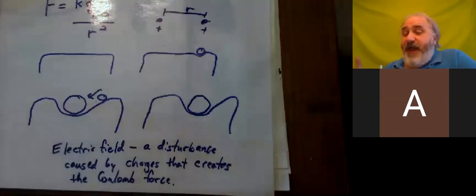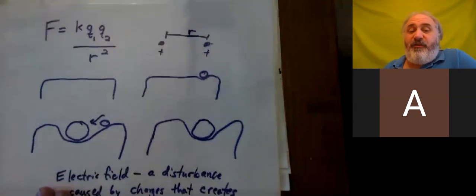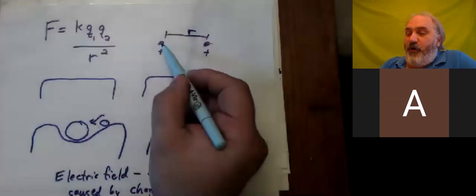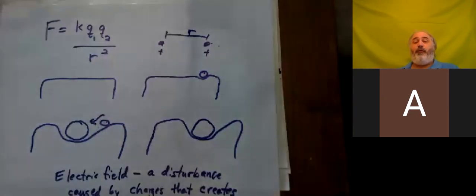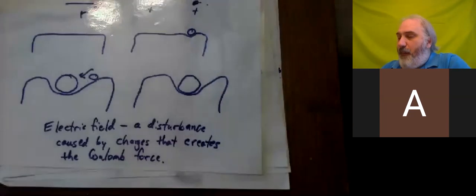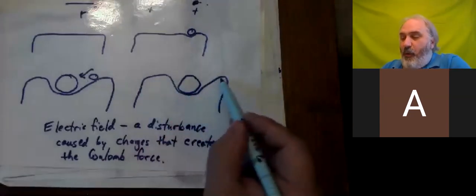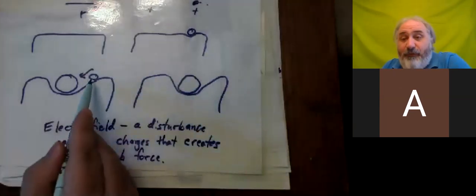All right. Now, here's why this concept is useful to us. In order for me to talk about the Coulomb force, I have to specify both charge 1 and charge 2. I have to know both Q's to make that a useful thing to use. However, if I just have a bowling ball sitting on a bed, the bed is going to be all weird and curvy, even if there are no tennis balls around to feel the force.